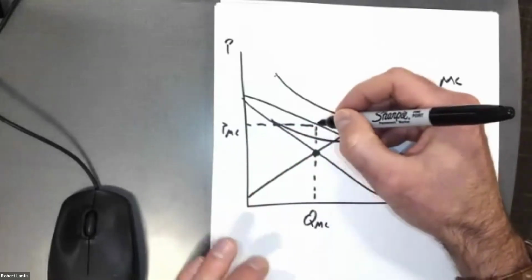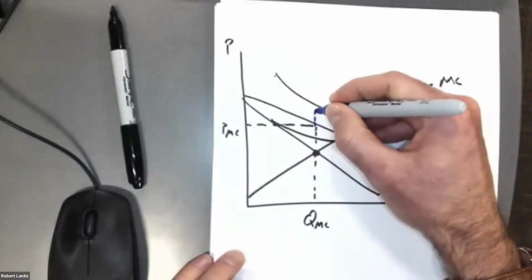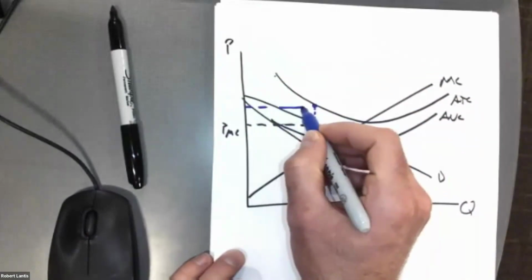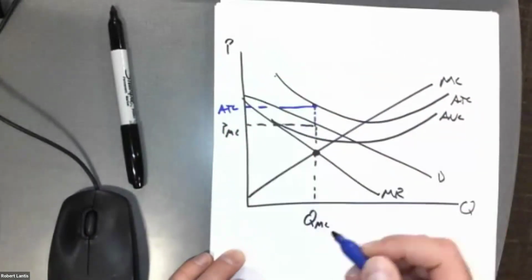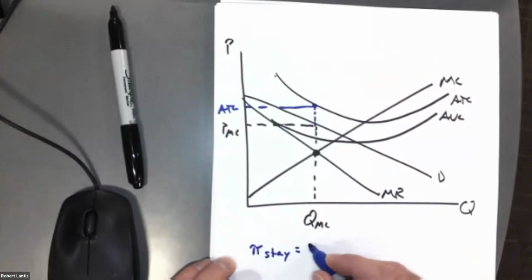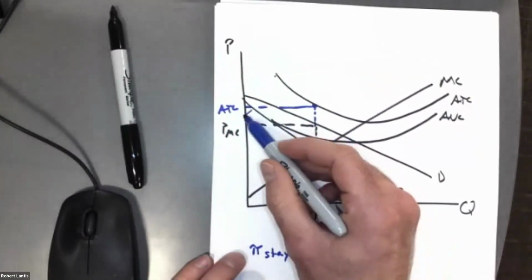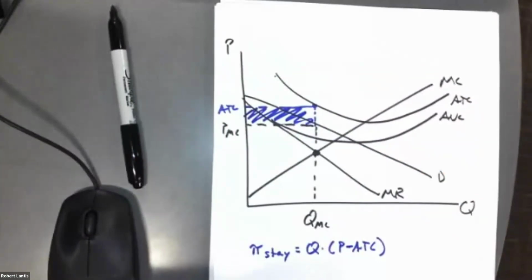Well, price is below the average total cost here. So my profits, if I stay open, would be the quantity I'm selling times the difference between price and average total cost, right? That would be this area here.